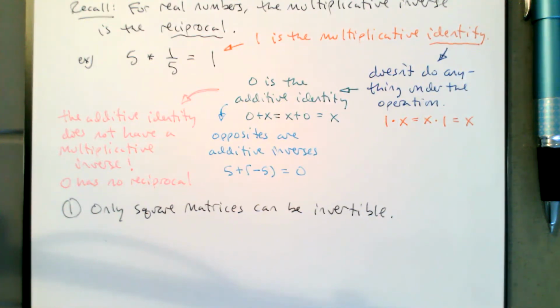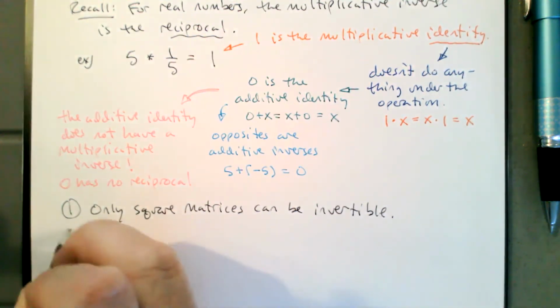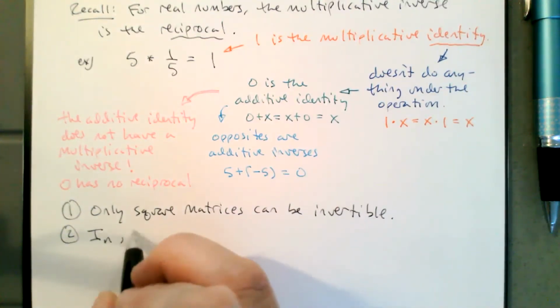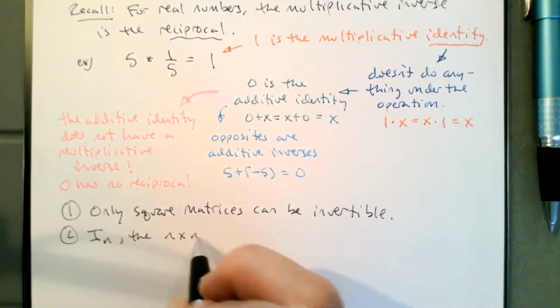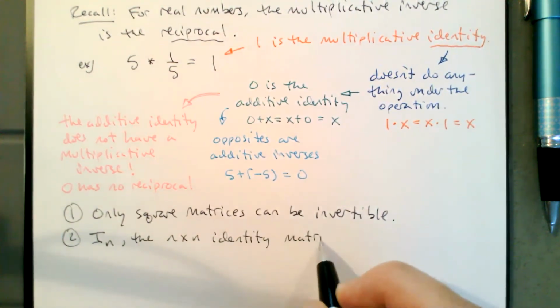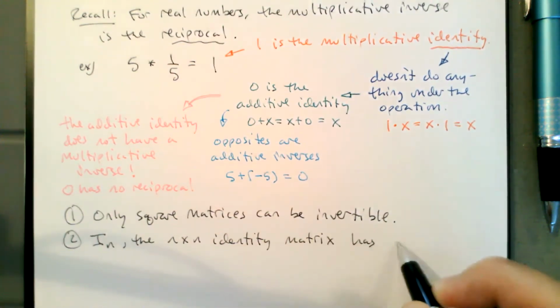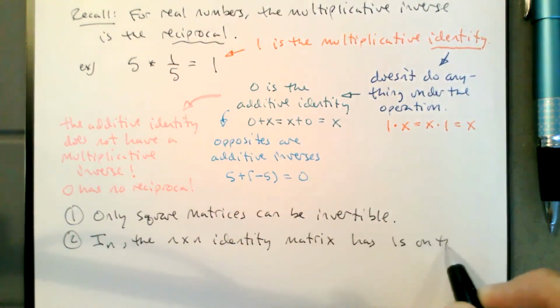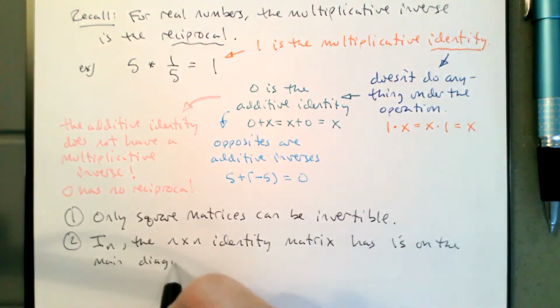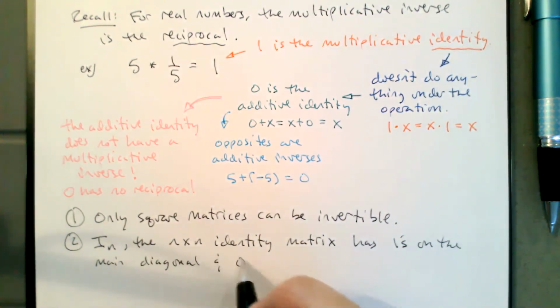The multiplicative identity, the identity matrix, is going to be a square matrix with 1s on the main diagonal and 0s elsewhere. I'm going to call it I sub n, the n by n identity matrix.